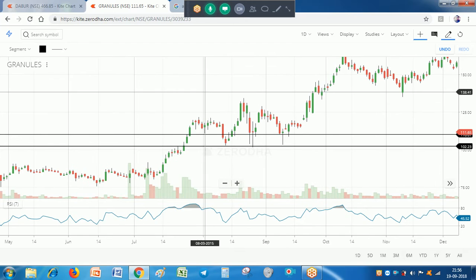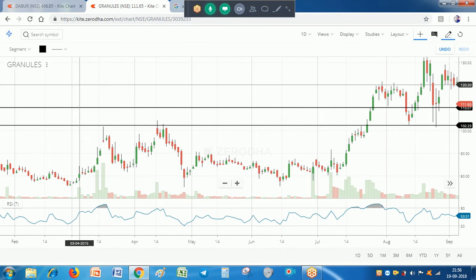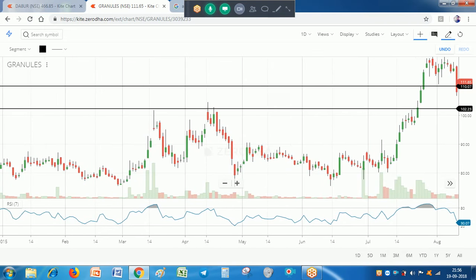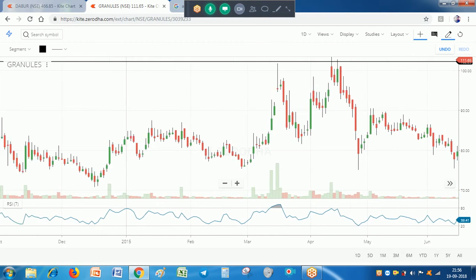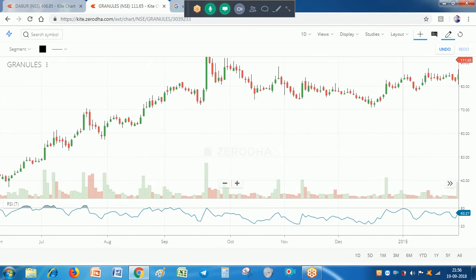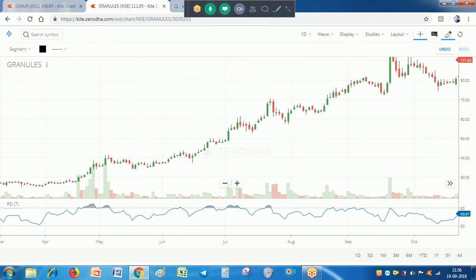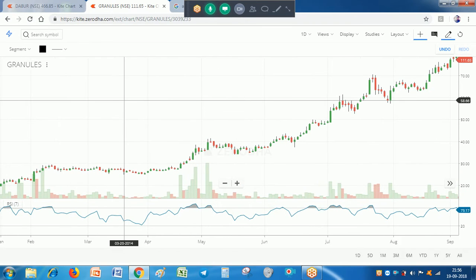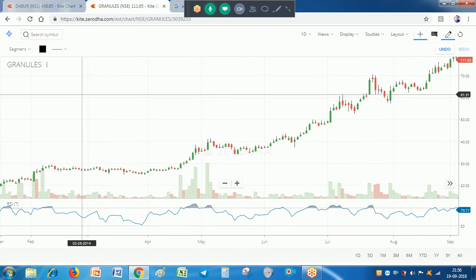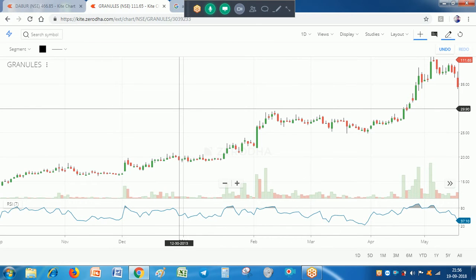But we have to study all the patterns. We must know these patterns. But I tell you one thing friends, we need to master some popular patterns, just like I told you, double top, double bottom. These patterns are very common, and can be found in any stock. Once a stock makes a low, or in some stocks they make a top, those patterns are common, and we need to look at those stocks which have fallen down and the stocks which have made some tops.